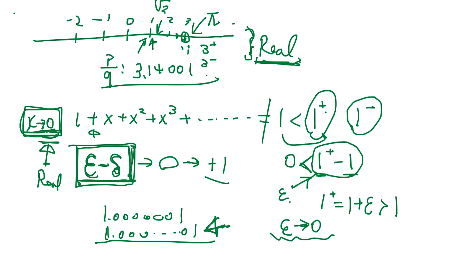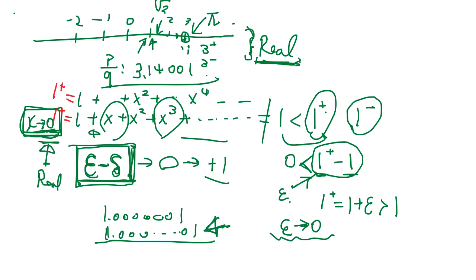If you think about it, take 1 plus x squared plus x to the fourth, where you skip this term. This will be 1 plus, and the other will also be 1 plus, but this second 1 plus is definitely smaller than the first, because we skip these. There is some extra quantity this one has, so it's a little bit larger.